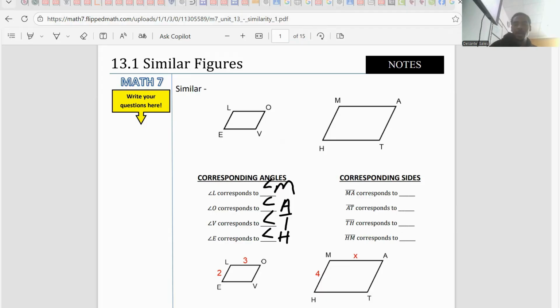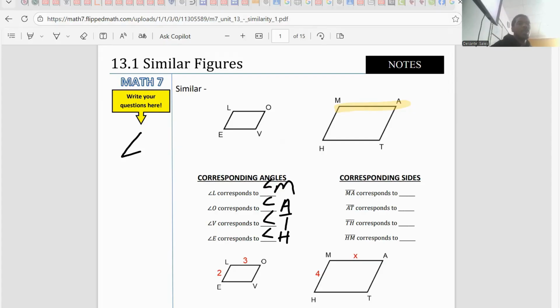All right, so corresponding sides. This is another important part. I like how it's started at a basic level. So when we're looking at correspondence, MA is here, so that's my larger shape, and it corresponds to my smaller shape. So side MA will correspond to what? If you notice, for angles we use this sign.